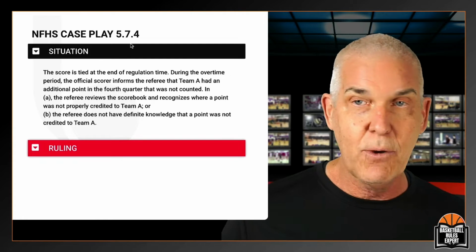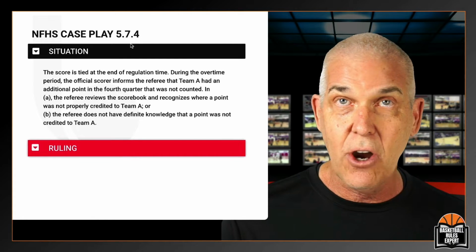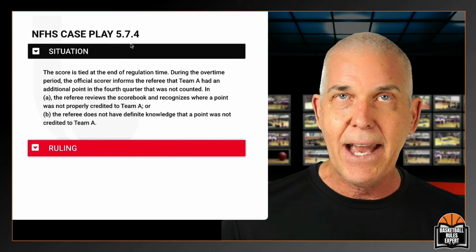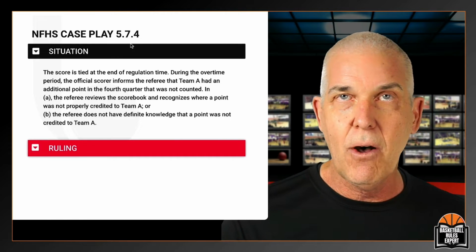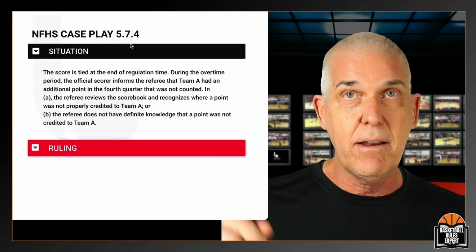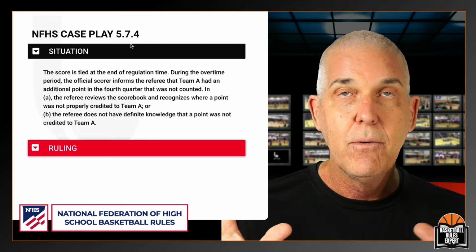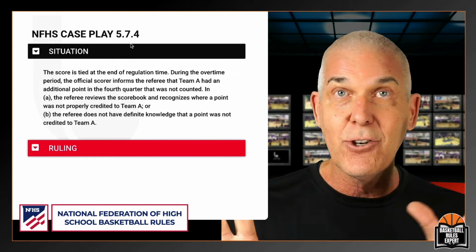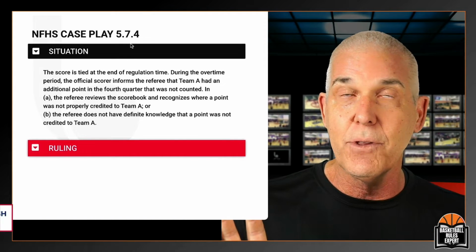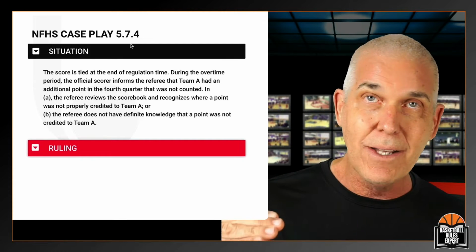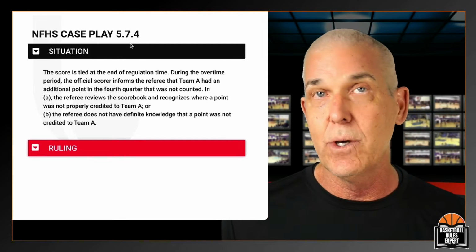So even if it was immediately after overtime started, we toss the ball to start overtime, it's tipped into the back court, team controls the ball, official starts their count, and hey, ref, we found a bookkeeping error, and there should have been a point in the fourth period, etc. Right? So, basic concept: once overtime has begun, it will be played.